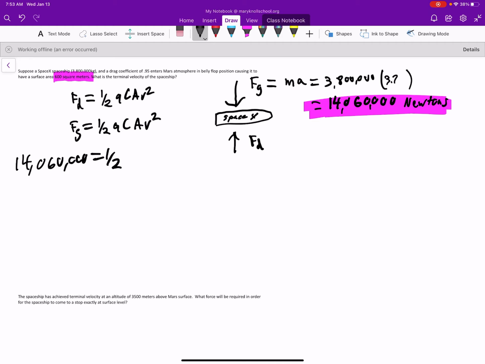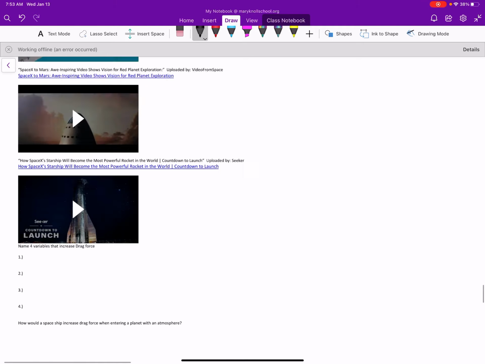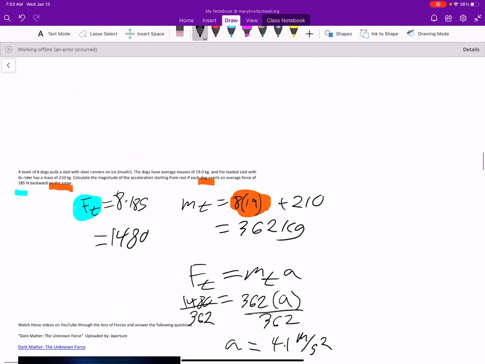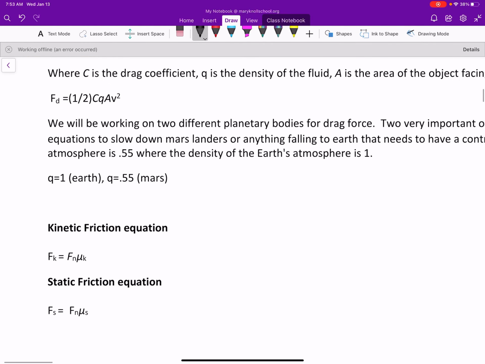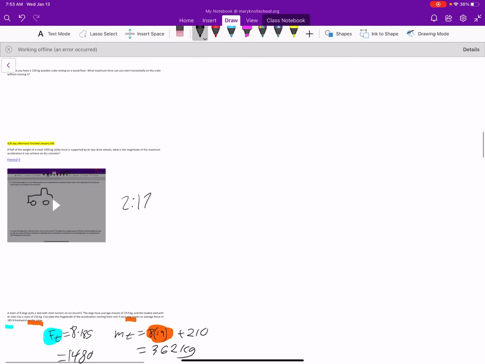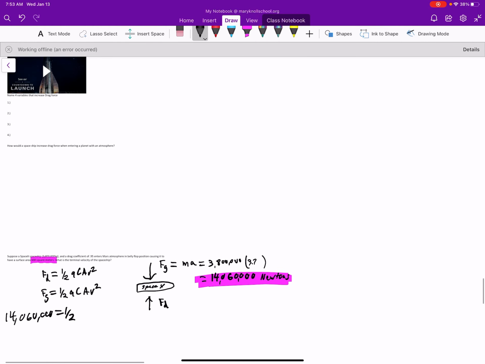Equals 1/2. What's that ρ value? Remember, the ρ value is the density of the fluid, and so for Mars it's less than Earth. I think it's 0.7. Let's make sure. Oh, 0.55. Okay, so it's about half as dense as Earth.